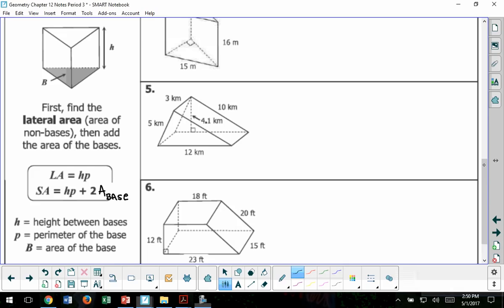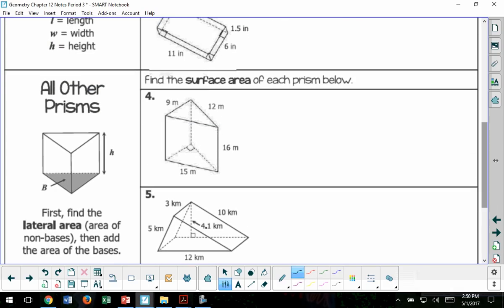Okay, so let's look at number 4. Remember how I said that we're going to have to move a number? Look, 15, right? It's the same as this up here, so put 15 up there. So perimeter is equal to what? How do we find perimeter? Add them all up. Harrison?